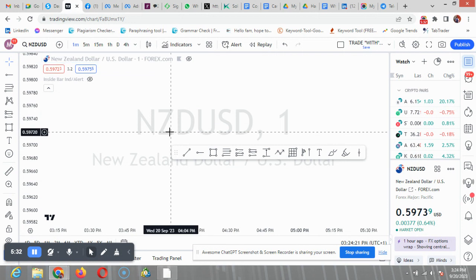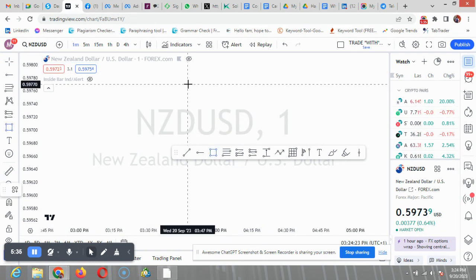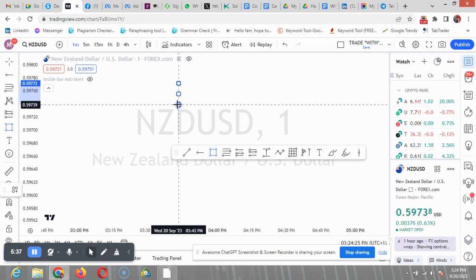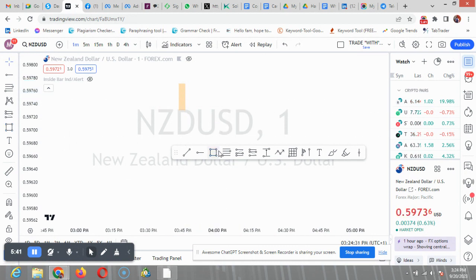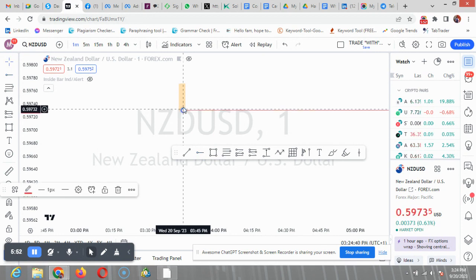So you have candle one like this, right? Candle one, and then with a wick. So let's put a wick. Yeah. So you have candle one.